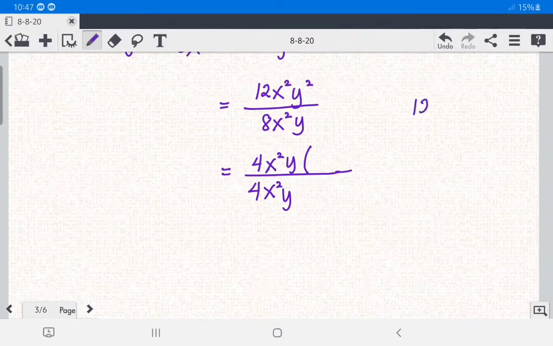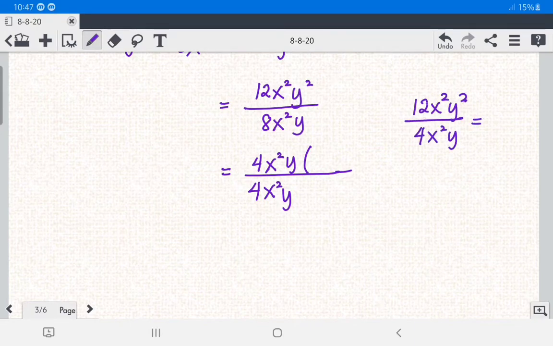We can now divide 12 by 4, that is 3. Then for the x variable, we can cancel this one because this is equal to 1. Then for the y variable, we just subtract 2 minus 1, that is 1. So we have 3y as our answer.